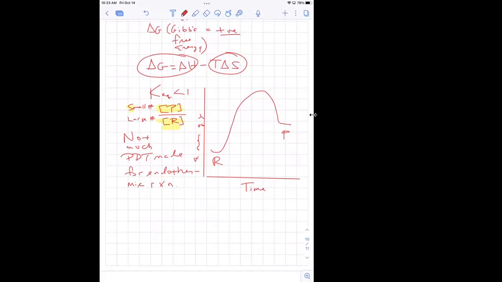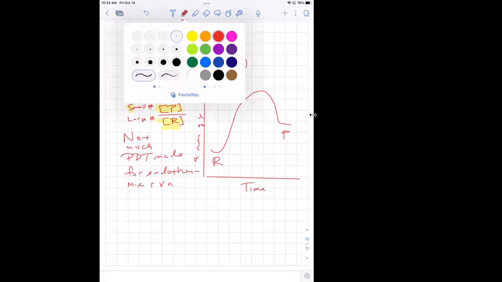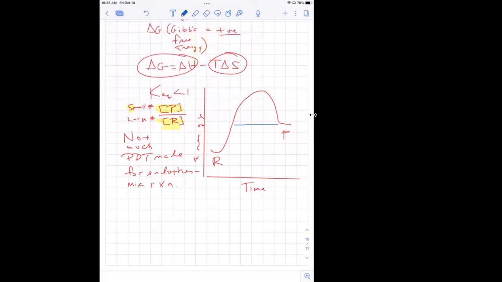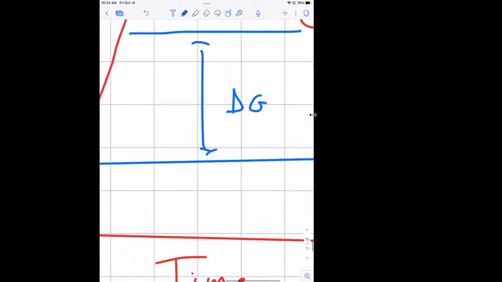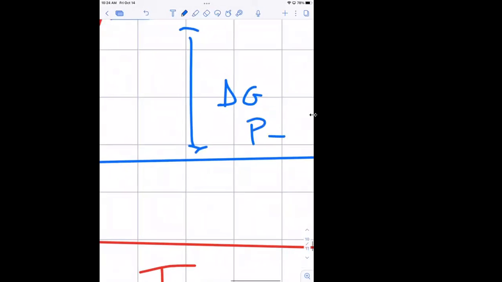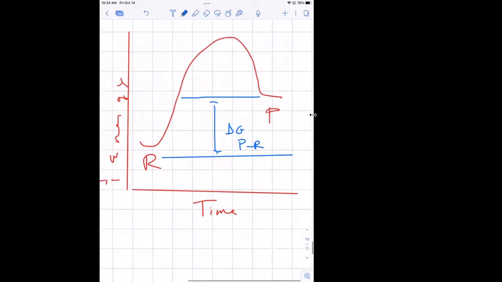And just for the sake of having the information, this gap between reactants and products, that is the energy. That's delta G. And it is products minus reactants.